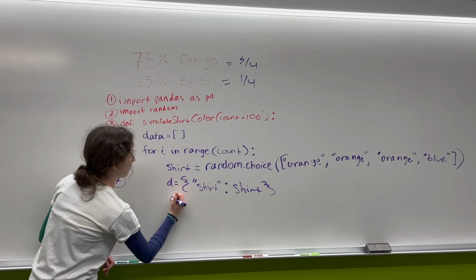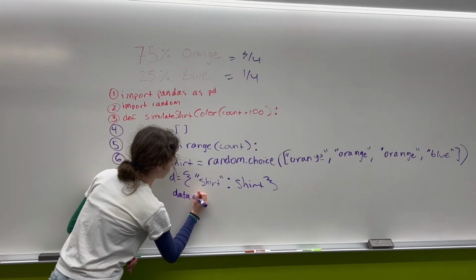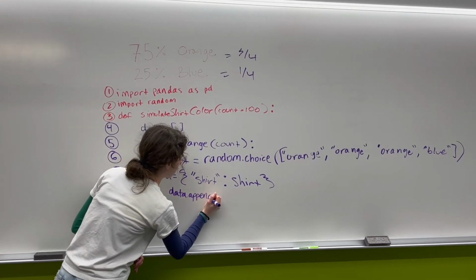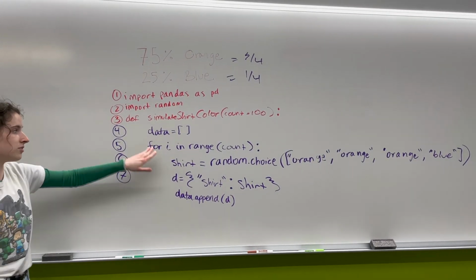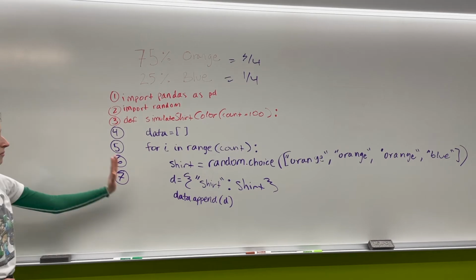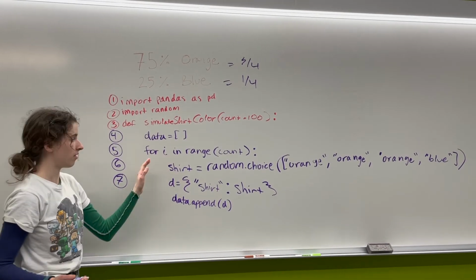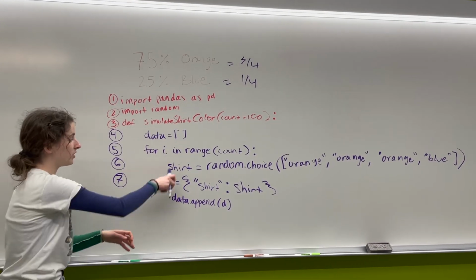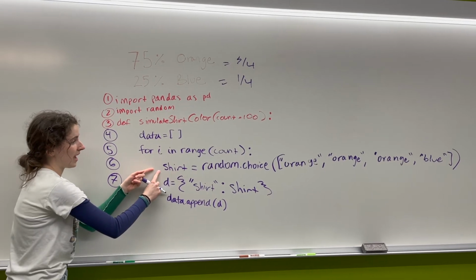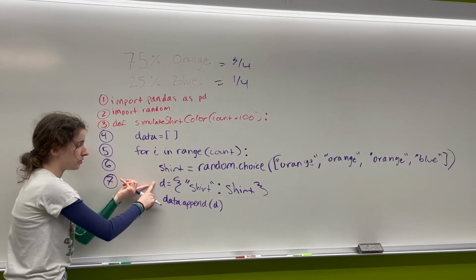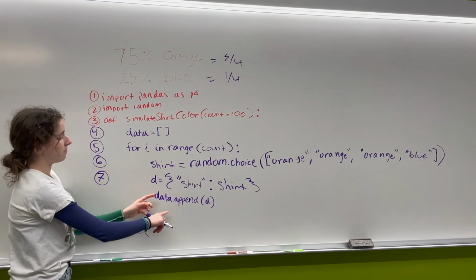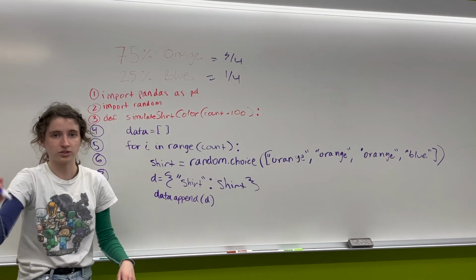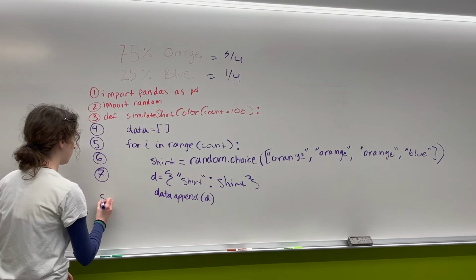Then data.append(d), that adds this dictionary d to the empty list. And you want to make sure all this is inside the for loop, because every time it selects shirt, you want it to add the color you got to the dictionary, and then every time you also want to add it to the list of data. So it just loops over and over again.